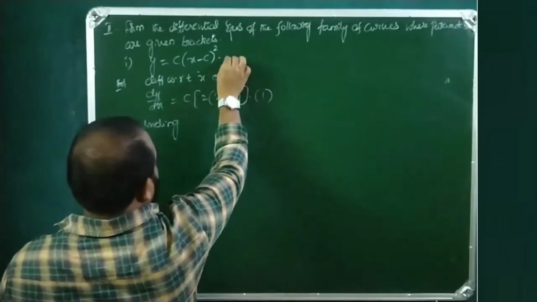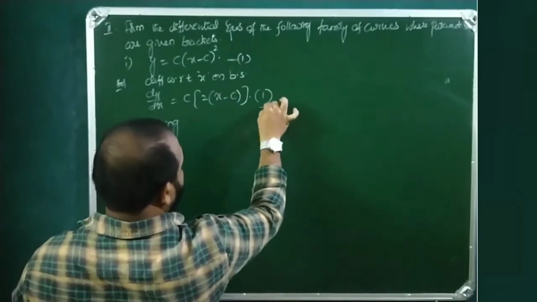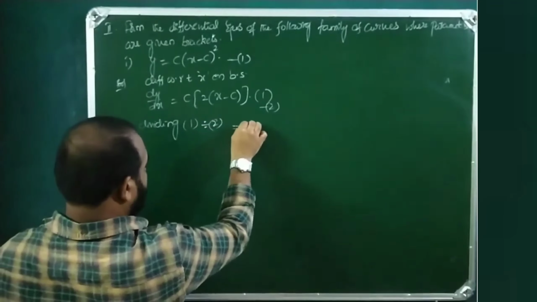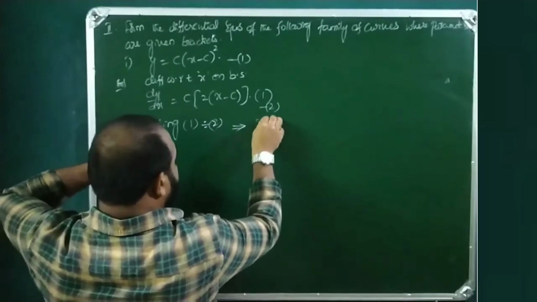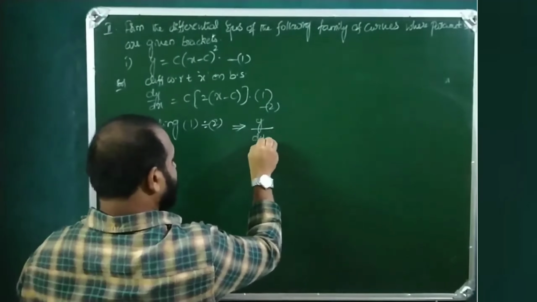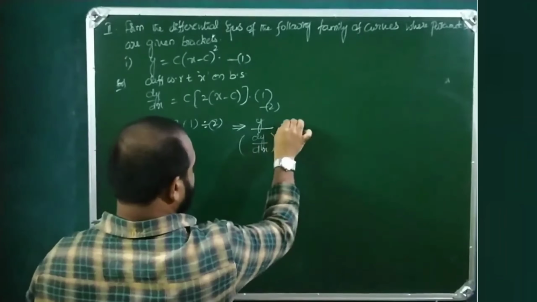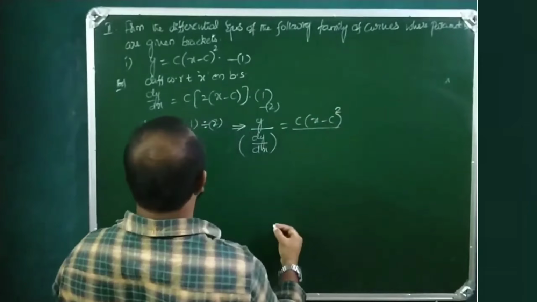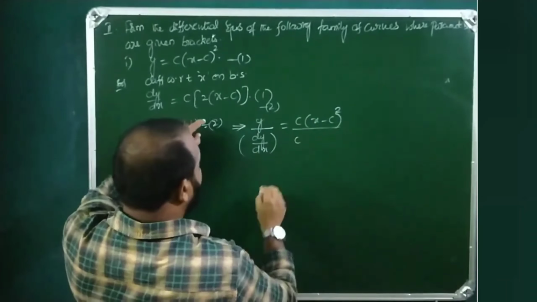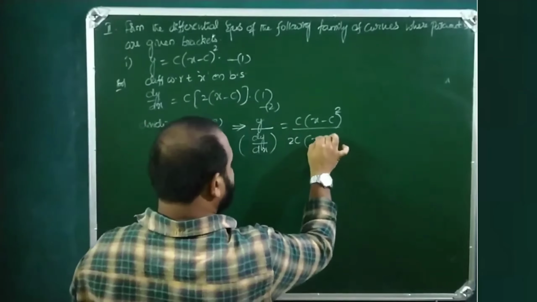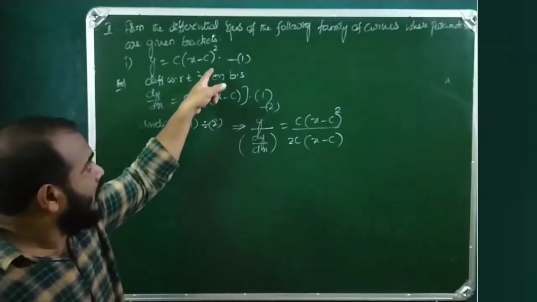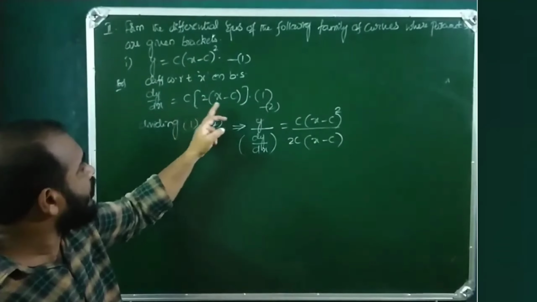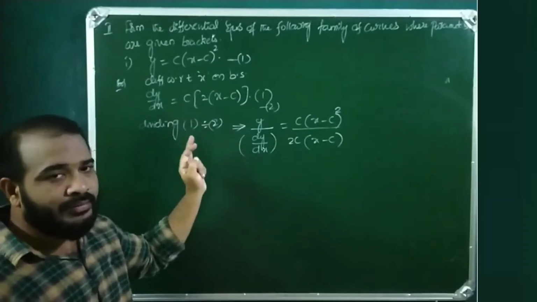Let us suppose that this is 1 and this is 2. Dividing 1 by 2 implies y by dy by dx equals c into (x minus c) whole square by c into 2 into (x minus c). We need to differentiate it once, but after differentiation c is not eliminated.